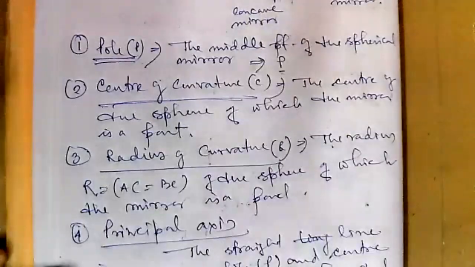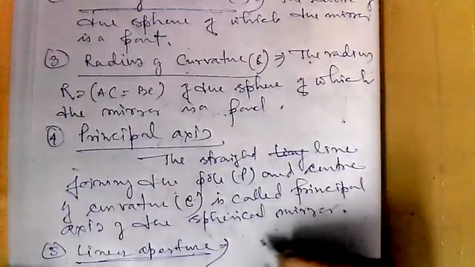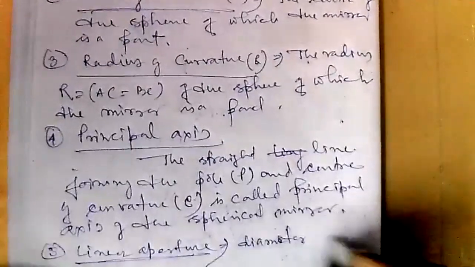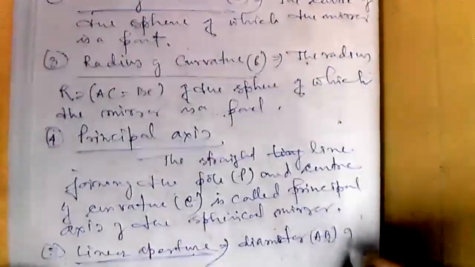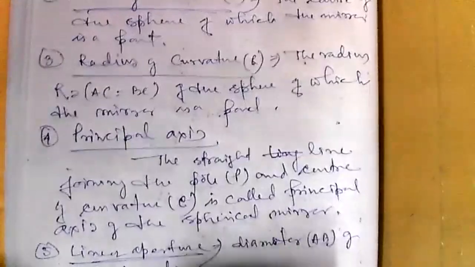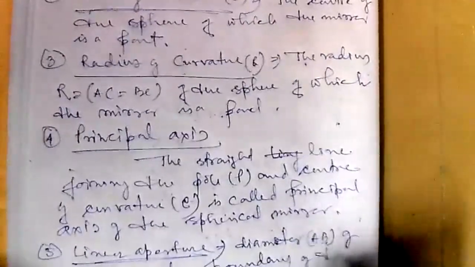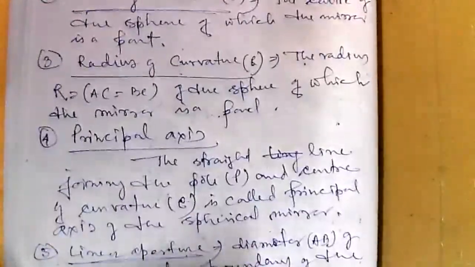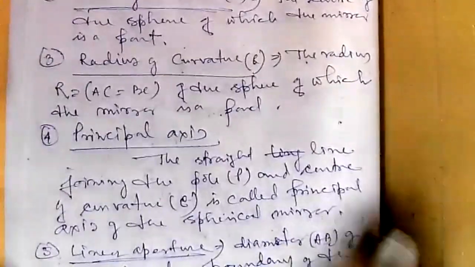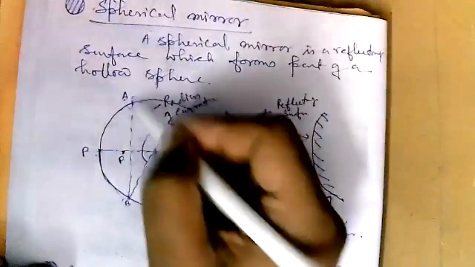It is the diameter AB of the circular boundary of the spherical mirror. This is called linear aperture. So this is the diameter.